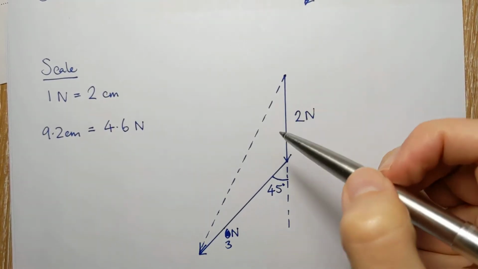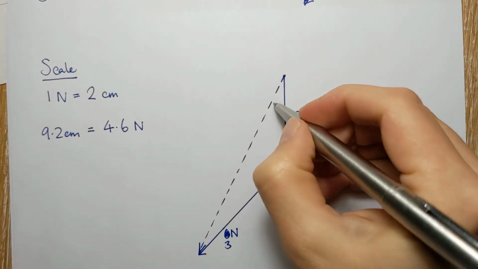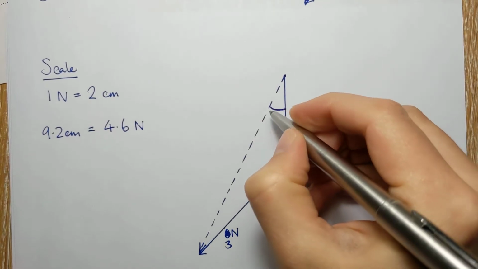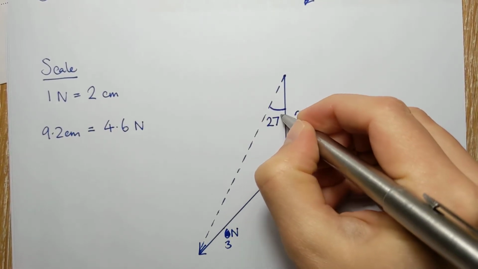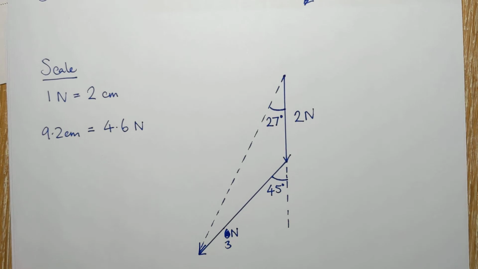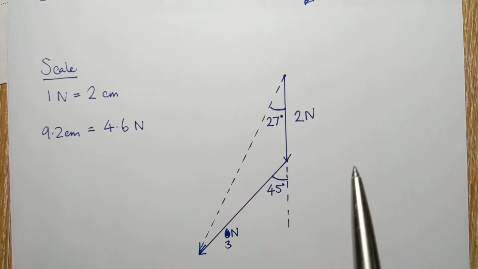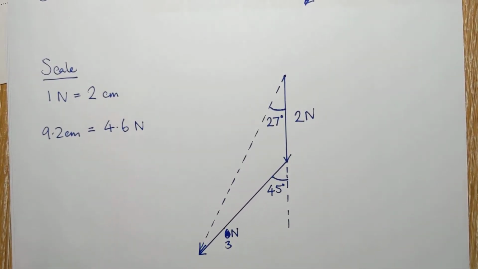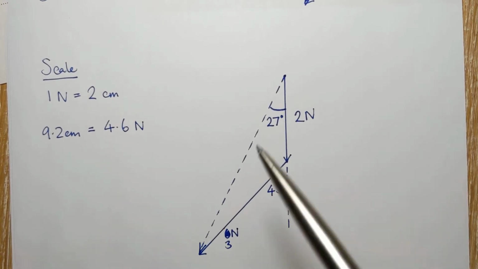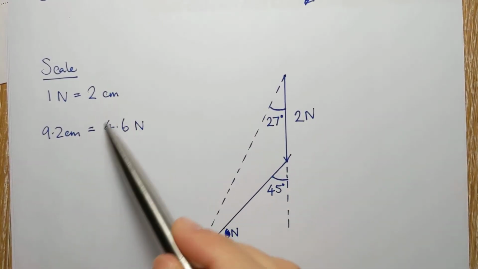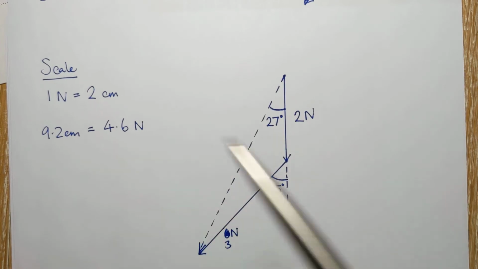And instead of having to calculate the angle, I can just measure it with a protractor, and it came out as about 27 degrees. Obviously, when you draw a scale diagram, if two people do it, they're not going to get exactly the same answer, but don't worry because the mark scheme takes that into account. They would have a range of values that would be acceptable for the angle and the length.